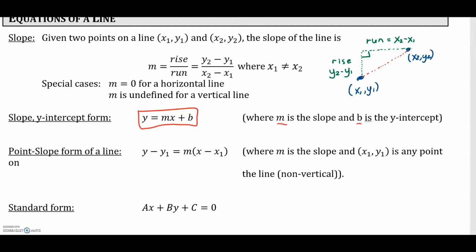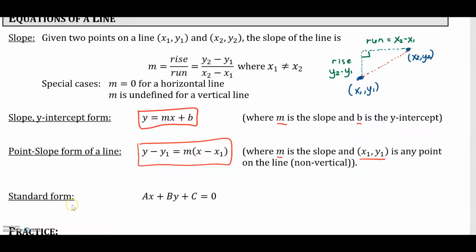Another form of equation is the point-slope form of a line, and that equation is described by y minus y1 is equal to m times x minus x1, where m is the slope again, and x1, y1 is any point on the line.